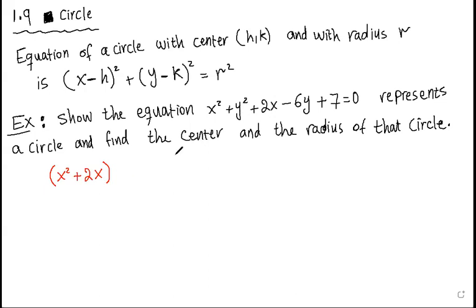And I have y squared and minus 6y, and I put them in another parentheses. The number 7 I have to move to the other side, so I subtract 7 from both sides. I get minus 7, because this one cancels this one. Now I should complete the square for the first parentheses and the second parentheses.